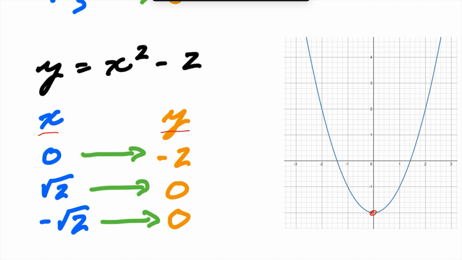If you put in radical 2 or negative radical 2, that gives you 0. Remember, the rule about a function is that every one input gives only one output. We can get the same output from different inputs. That's okay. It's still a function, even though we're getting the same output for different inputs.